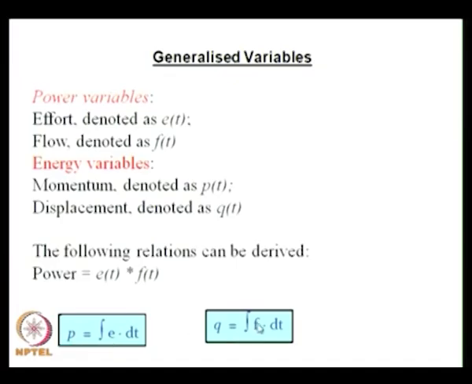For example, if F is the velocity, then the integration of velocity gives you the displacement. So that is the relationship between the variables F and Q and E and P, and the power transfer is E(t) multiplied by F(t). So these are the 4 generalized variables used in modeling.